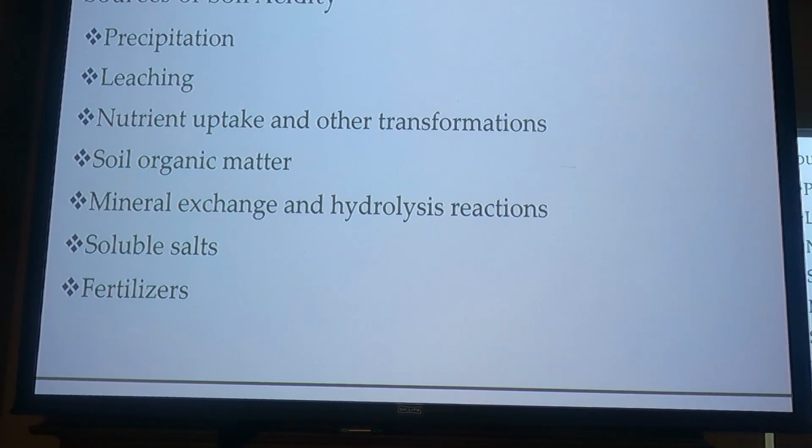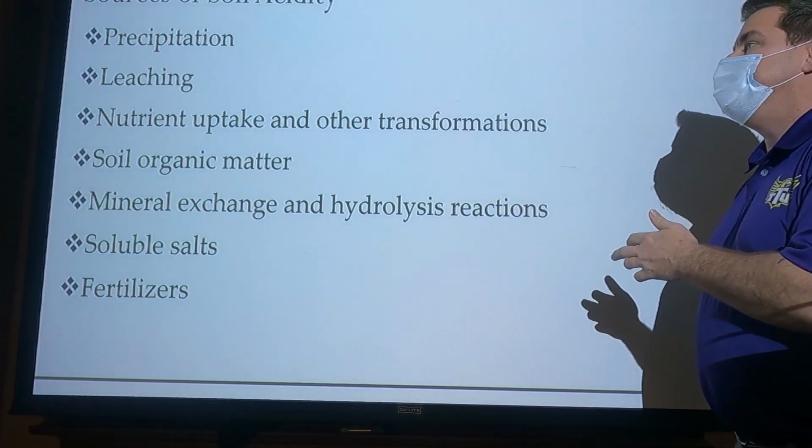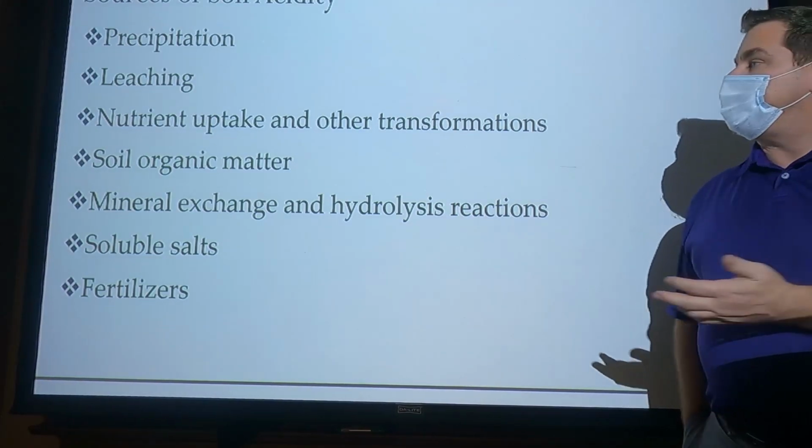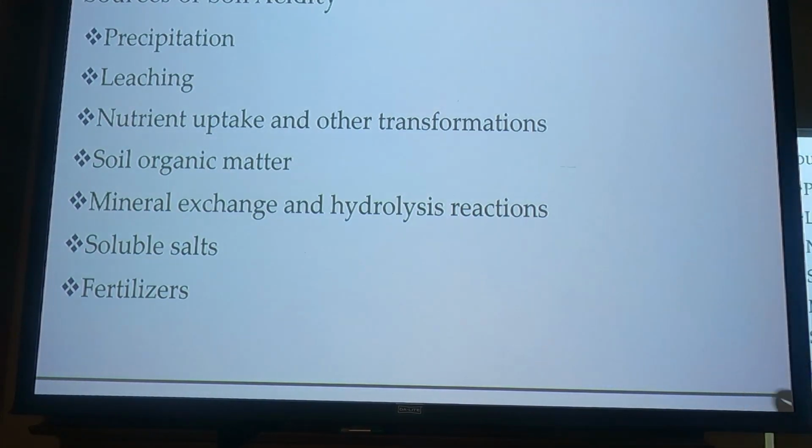So many of us might be familiar with some of these sources of acidity. Acid rain, precipitation. We have leaching, which is going to remove some of our base cations, and therefore increase our hydrogen and aluminum concentrations.